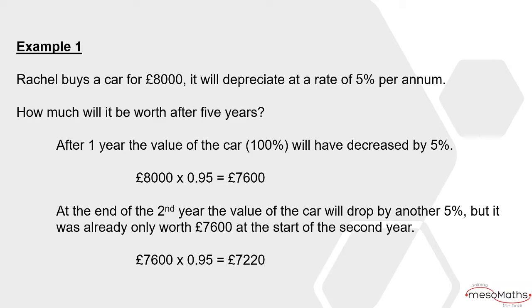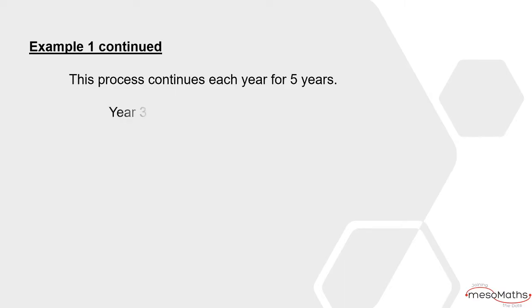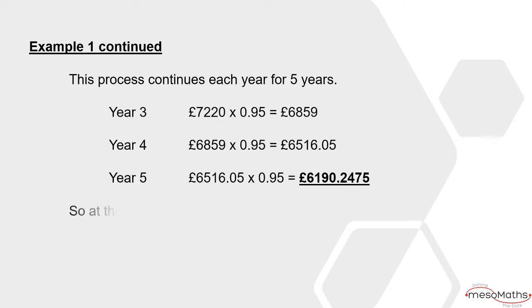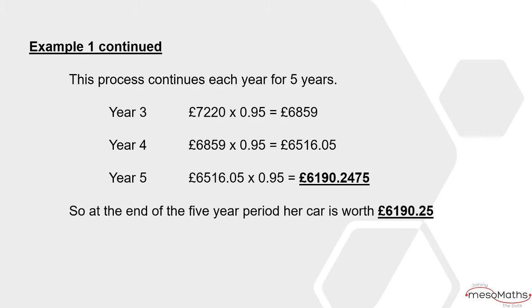£7,220. So if we step through the year 3, year 4 and year 5 calculation, so same thing each time, remembering to change your initial starting amount, you see that after 5 years the value of the vehicle is £6,190.2475, which I've rounded to 2 decimal places, as I explained in the previous video.